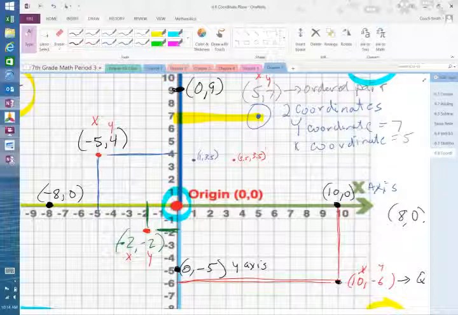Because this point right here, 0, 9, if I say 9, 0, is right here. 9, 0 is here. That's obviously not the same point. They have to be in the correct order. They have to have the parentheses. They have to have the comma, or it's wrong.